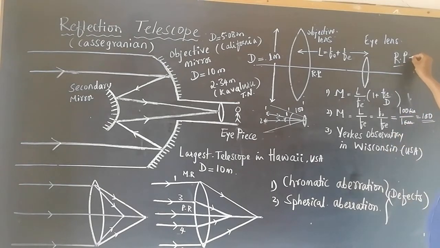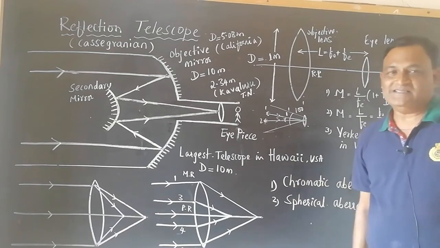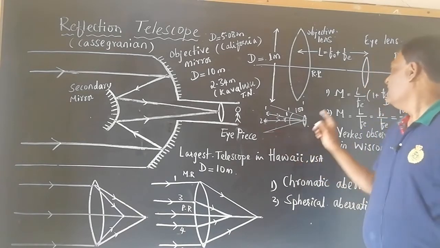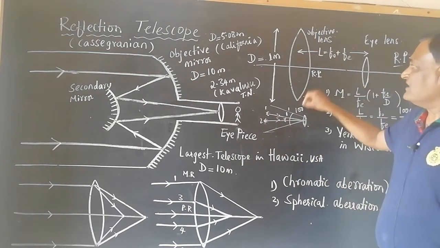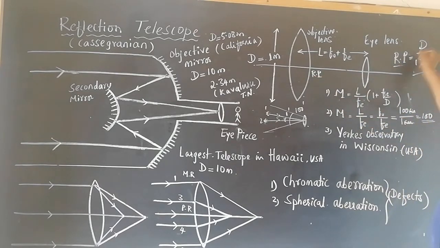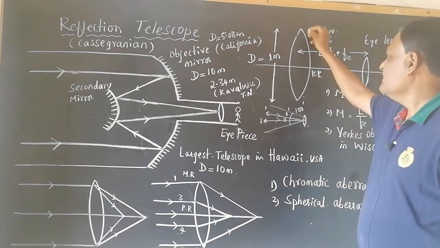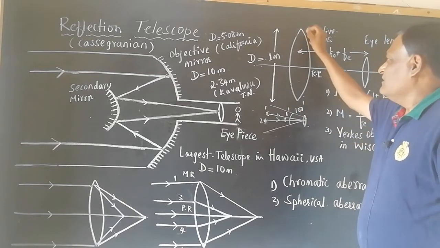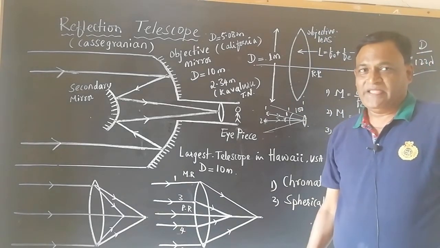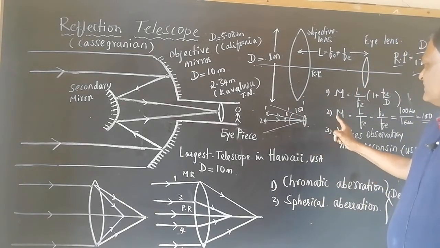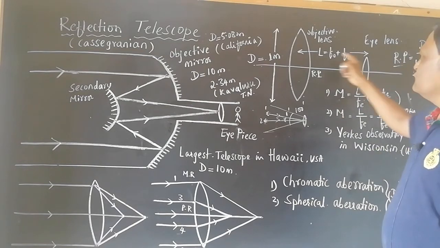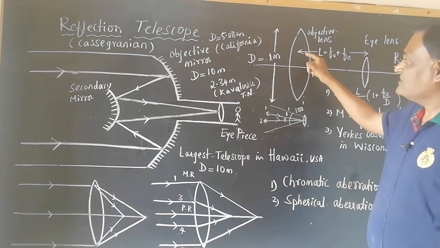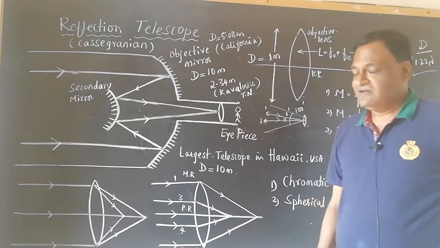The resolving power of the telescope is given by capital D divided by 1.22 lambda, where lambda is the wavelength of light received from the star and D is the diameter. So the resolving power can be increased by increasing the diameter of the objective lens. So in order to increase both magnifying power and resolving power, an objective lens of larger aperture is to be considered.